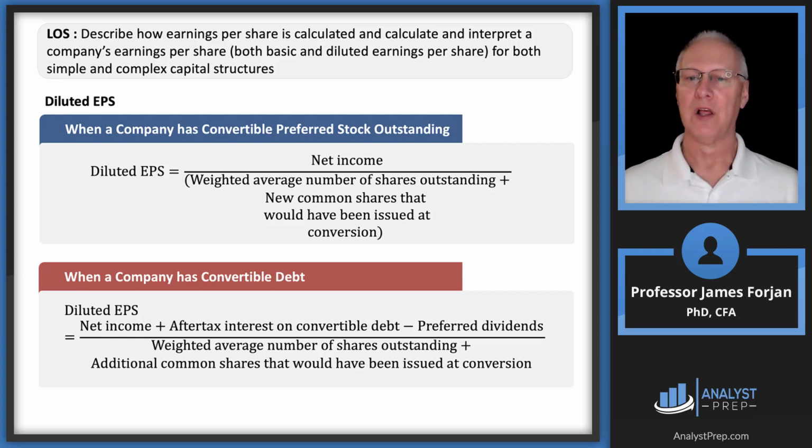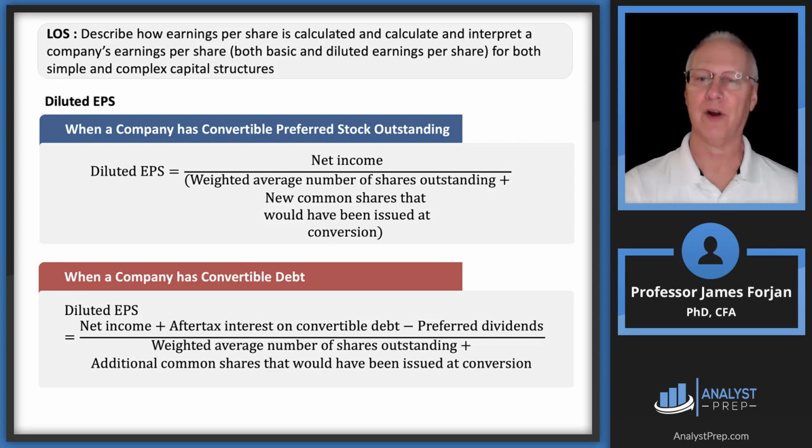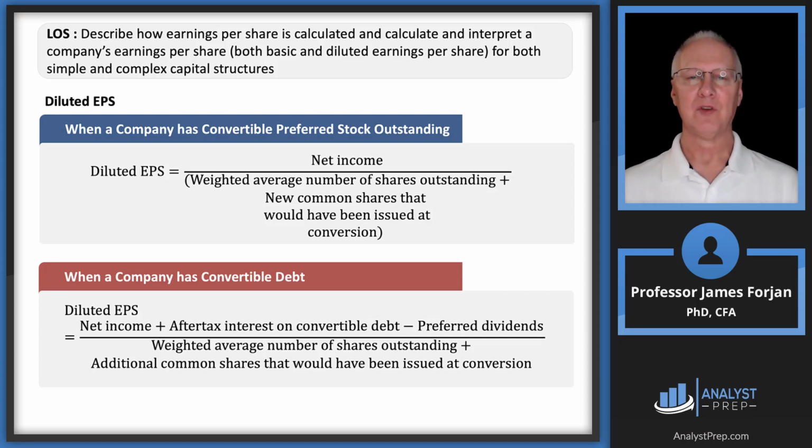And these are the new common shares that would be issued if that preferred stock were converted to common stock. So think of that denominator as kind of like the actual number of outstanding shares plus the potential increase in outstanding shares. And of course, it's called diluted because when you increase the denominator, you're automatically going to decrease the earnings per share.